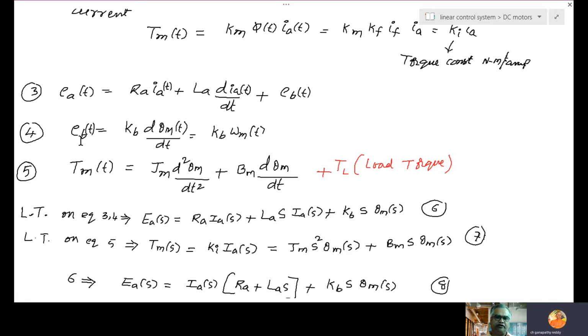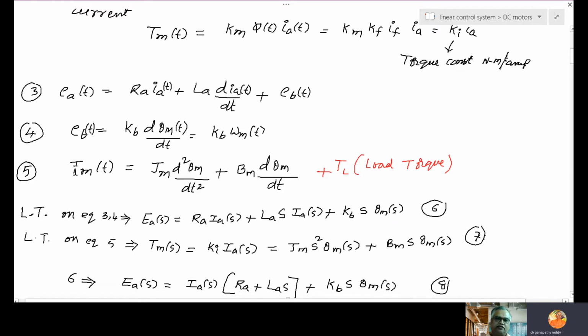So more speed, more back EMF. That is Kb d theta m of t by dt, which is the angular velocity. So Kb omega m of t.